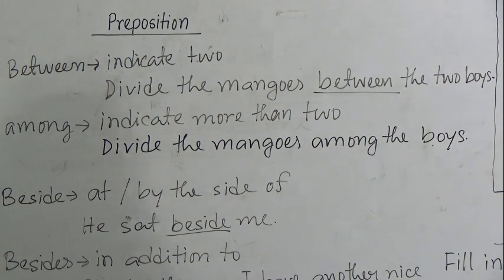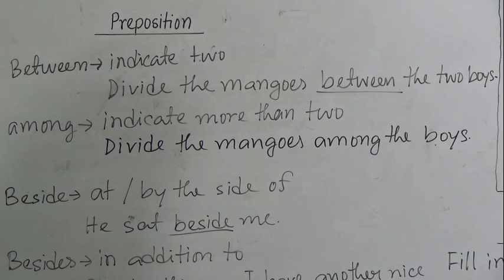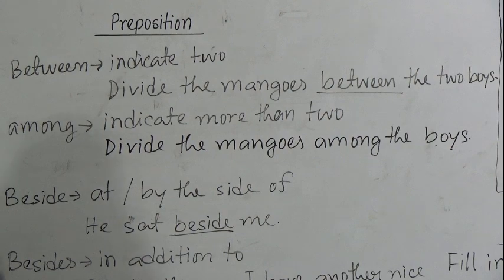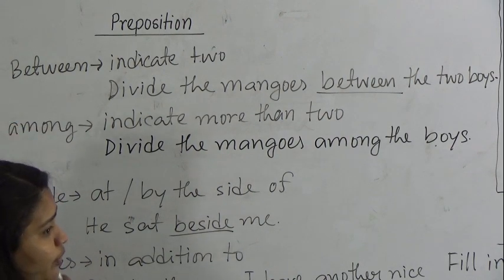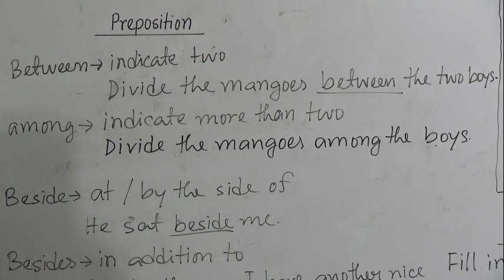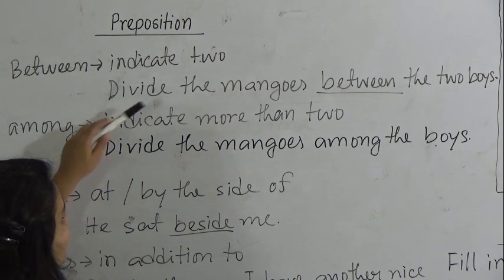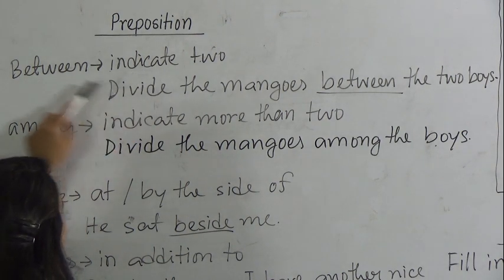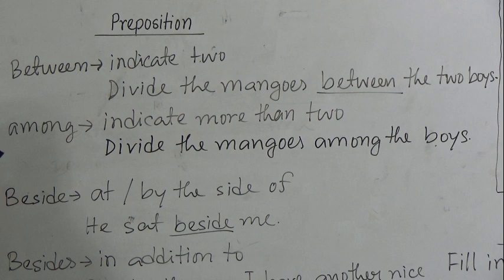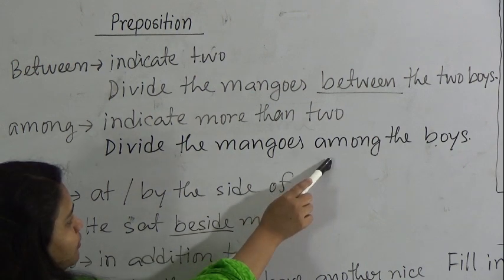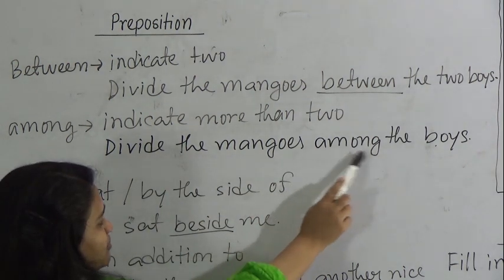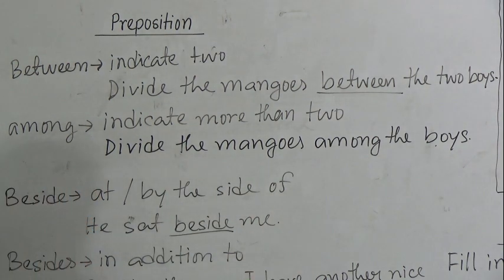So when you are going to divide among two persons, you will use between. And when you indicate more than two persons, if you want to distribute something, you will use among. Divide the mangoes among the boys, that means there are more than two boys.